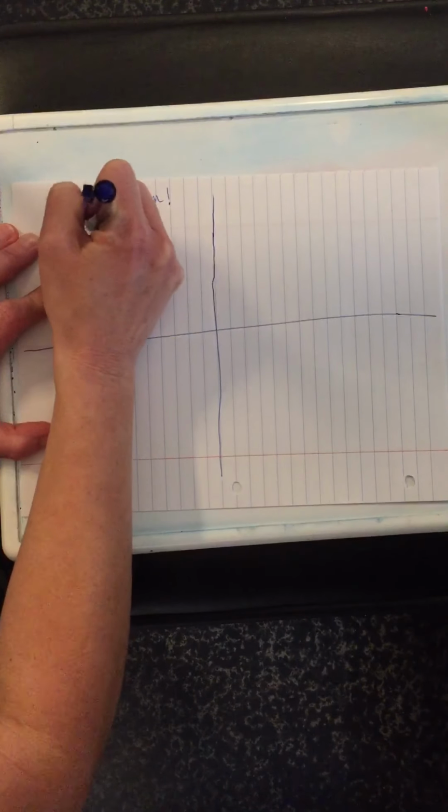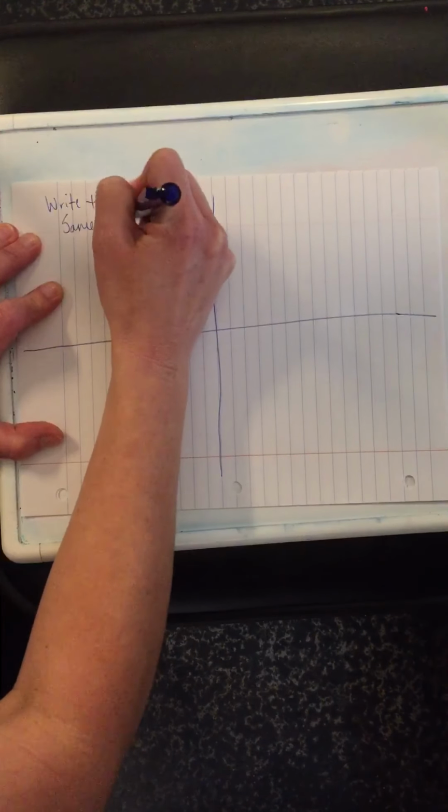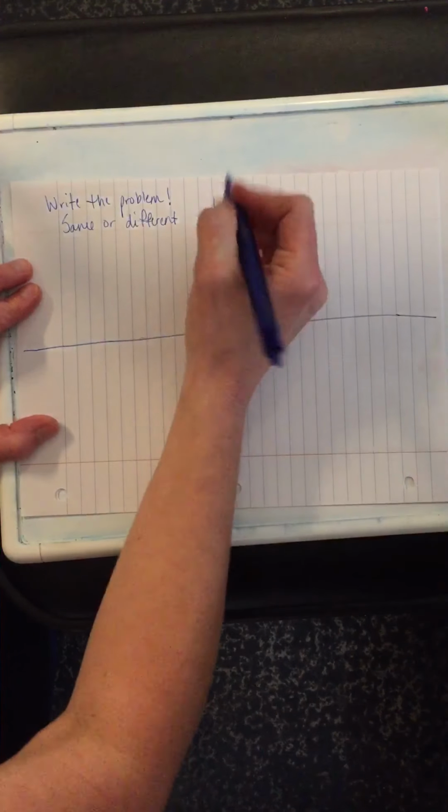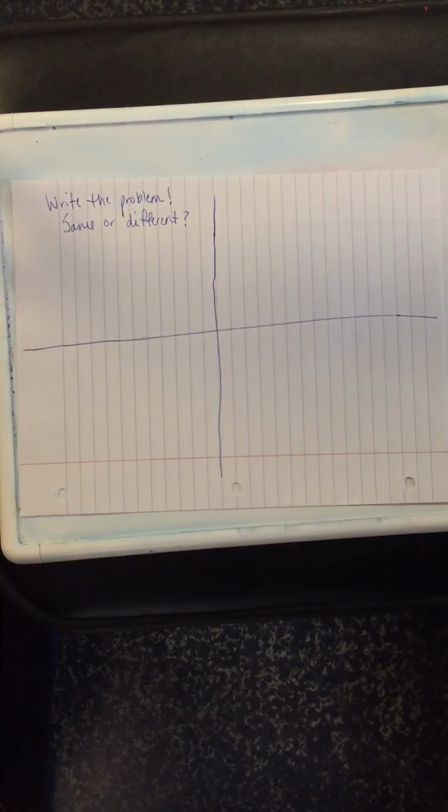And we ask ourselves, is it the same or is it different? Same or different? And that's a question. So we have to write our problem first, and then we can ask our question, same or different, because what are we looking at whenever we're asking ourselves, is it the same or is it different?